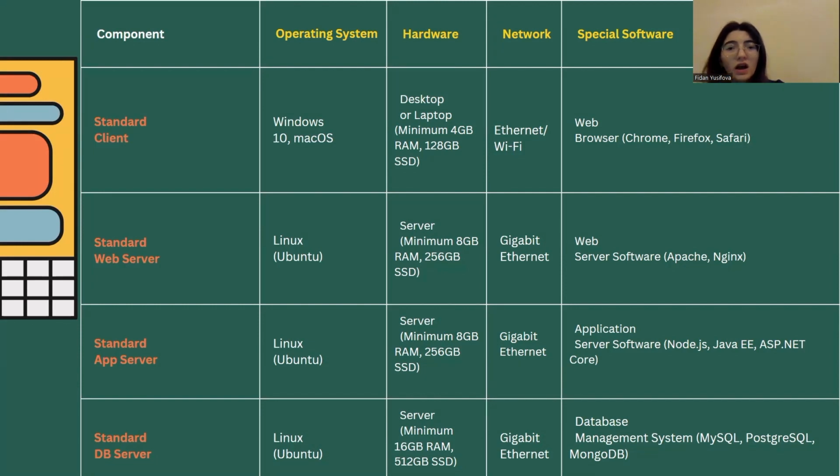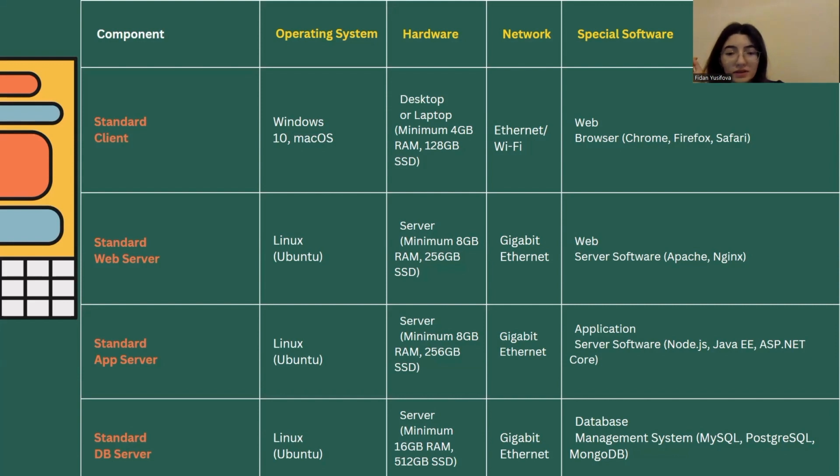And let's see, as special software for a standard client, our users can reach us from Chrome, Firefox, Safari, Opera as well, and for a standard web server, Apache and Nginx, and for a standard app server, Node.js, Java, or ASP.NET Core.